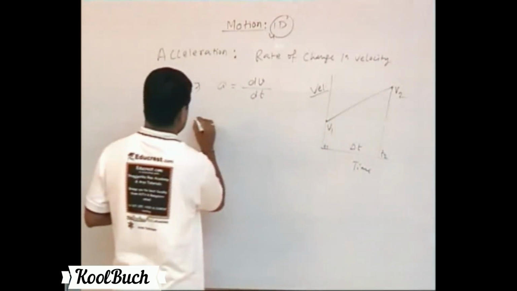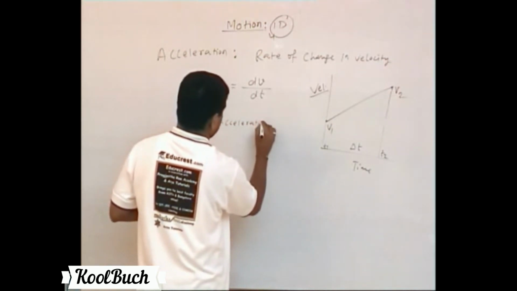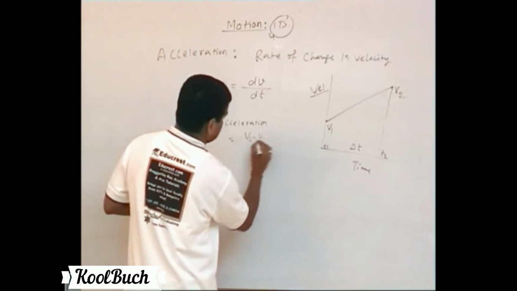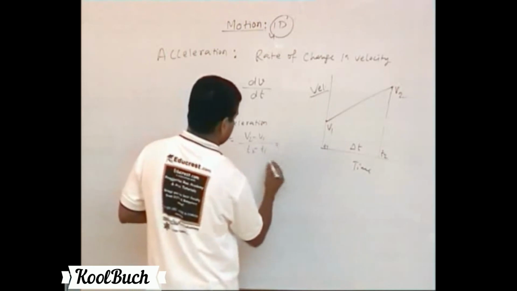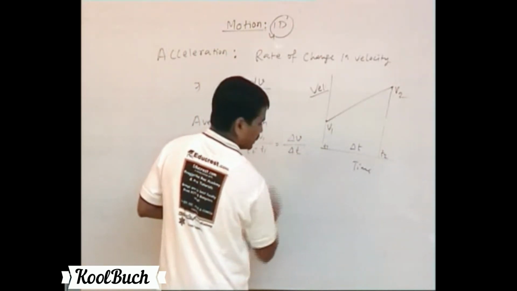So we could say that average acceleration equals final velocity minus initial velocity by time taken, which is t2 minus t1, which is again nothing but dv by dt.